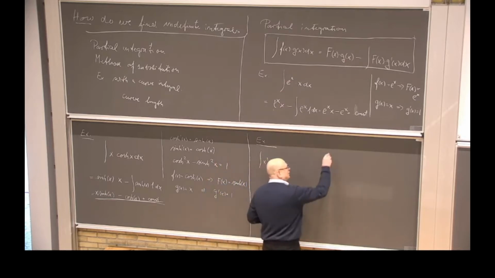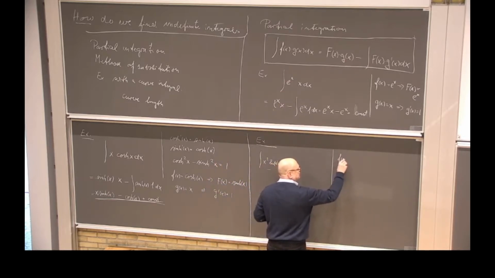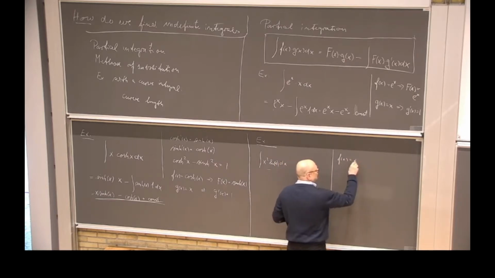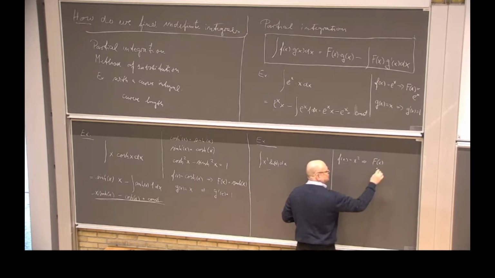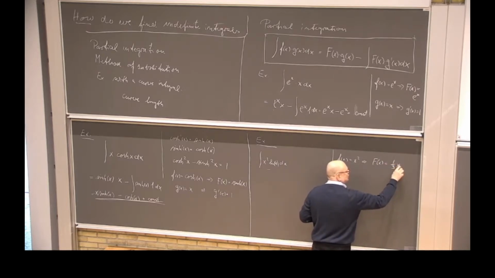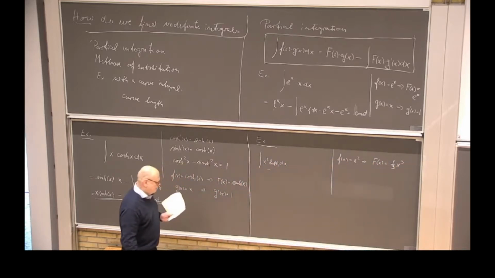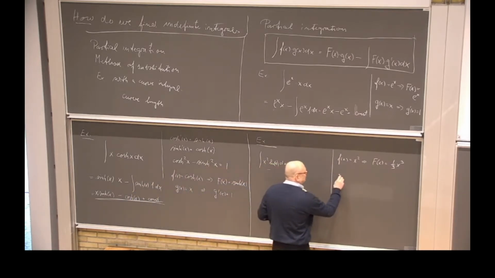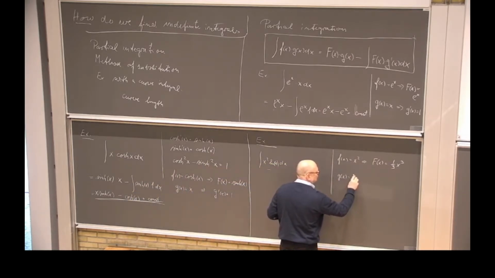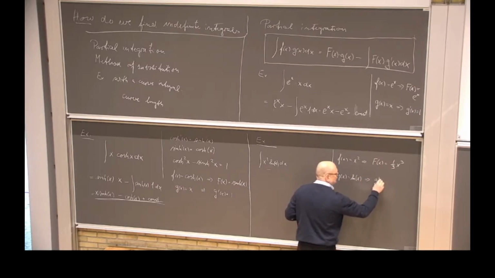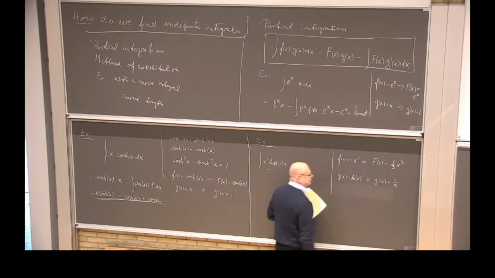So what I do is that I put f of x equal to x squared, and this means that my indefinite integral is 1/3 x cubed. And then I put g of x equal to ln of x, and then I get that g prime is equal to 1 divided by x.